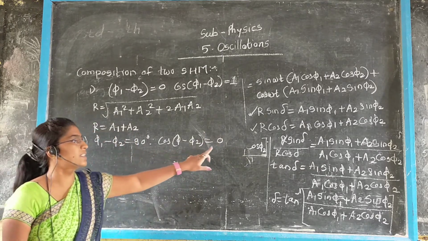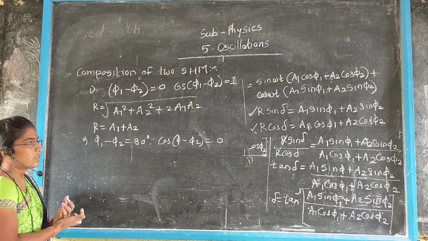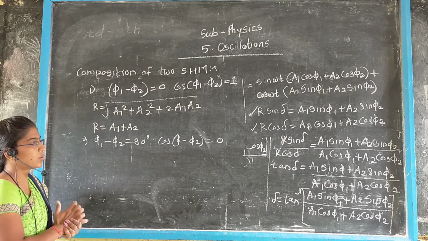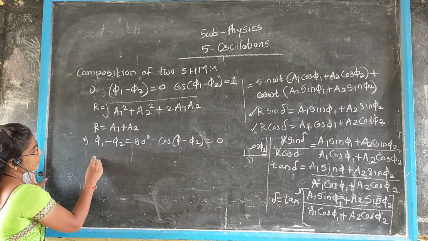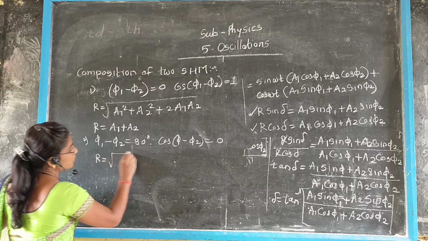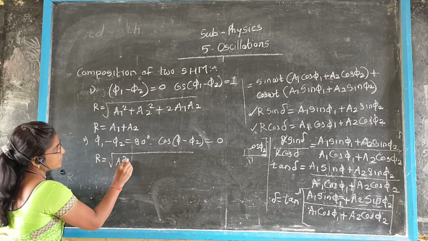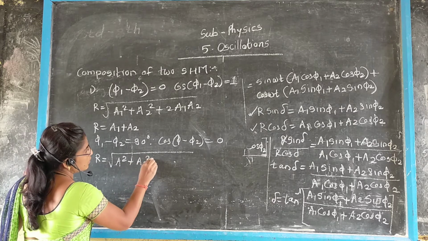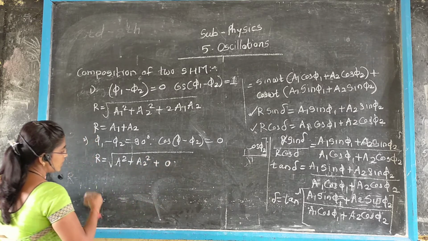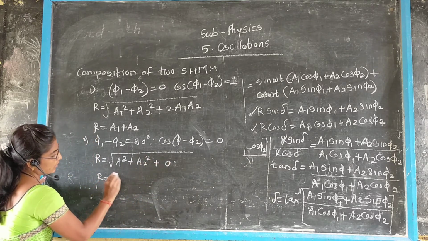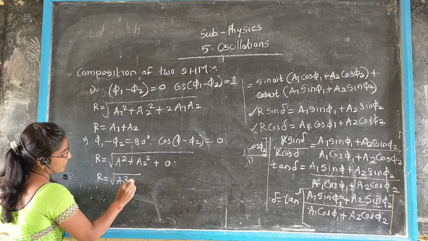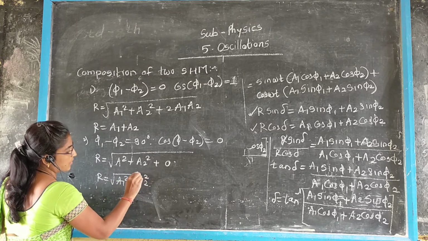That is, cos 90 is equal to 0. Therefore, in this equation r is equal to the square root of a1 square plus a2 square plus 0. Therefore, r is equal to the square root of a1 square plus a2 square.